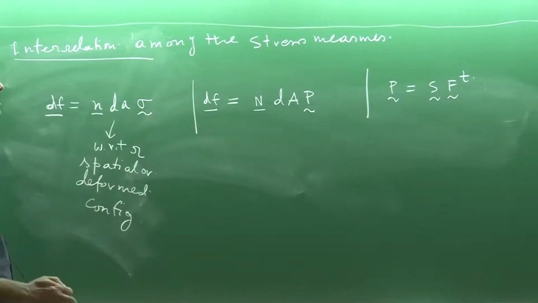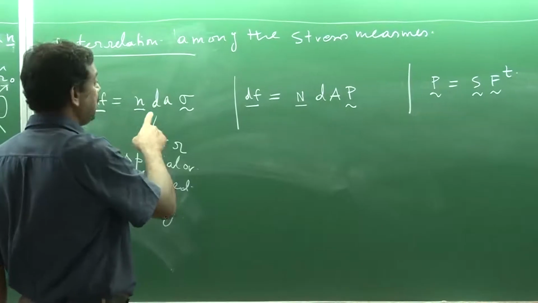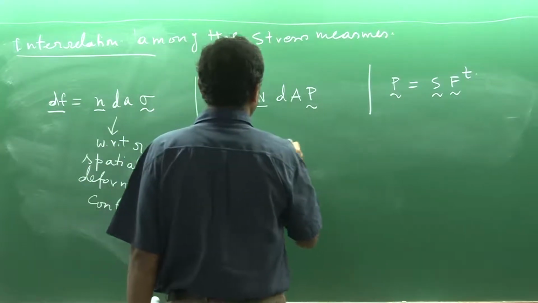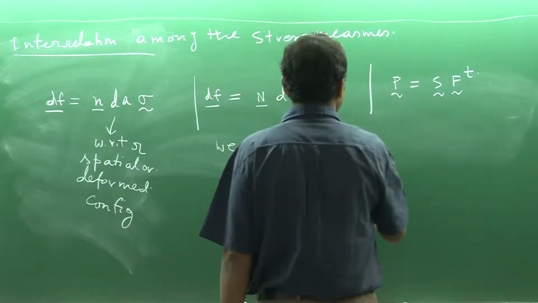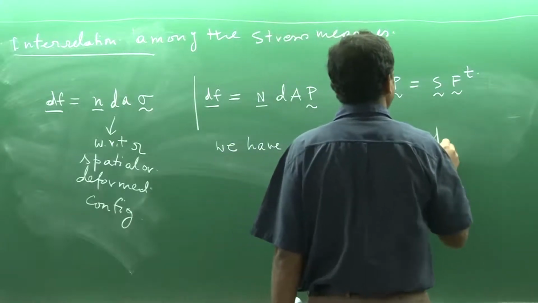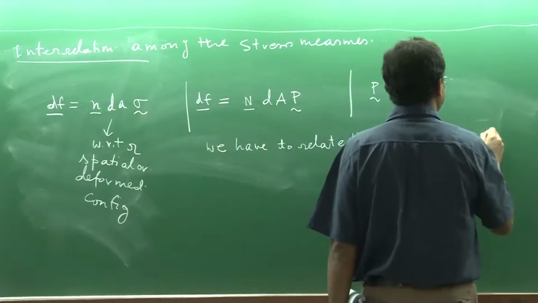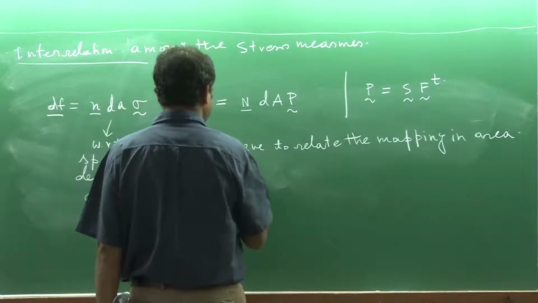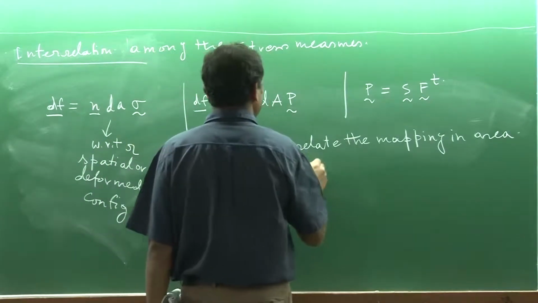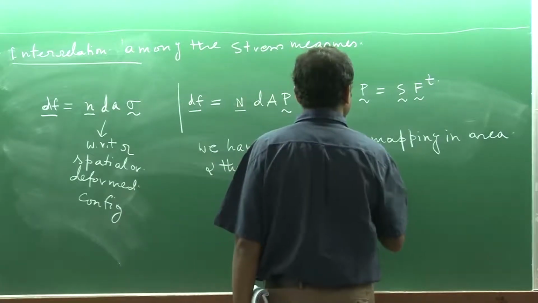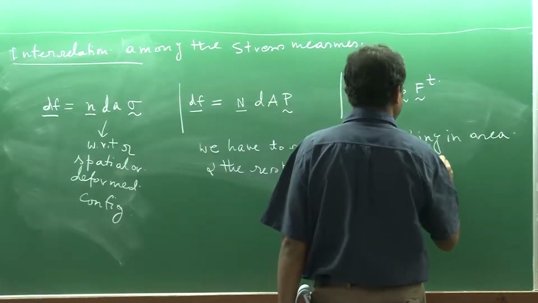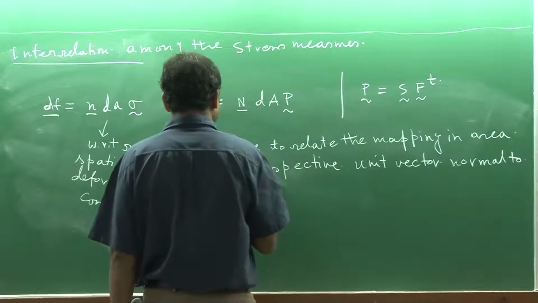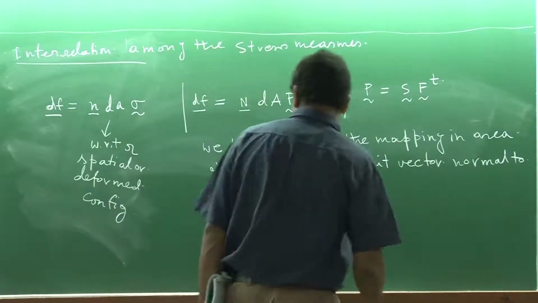But the most important thing is that we have to relate n bar dA with capital N bar dA. For that, we have to relate the area mapping, the mapping among the areas and the respective normals, that is, the unit normal vector to the plane.